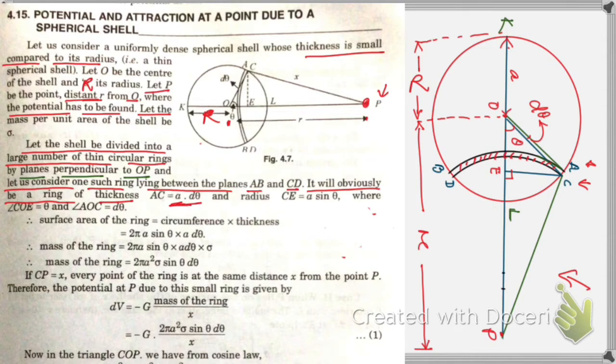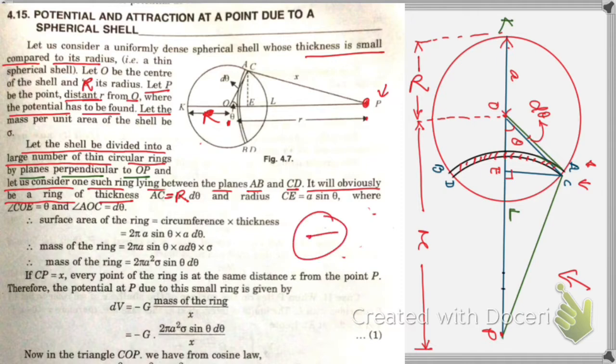Okay, so here let us replace this small r by capital R, small a by capital R. As in the question it is given that the sphere is of radius capital R, so AC will be taken as capital R into d theta, right? Capital R into d theta. You know that this is a circle.